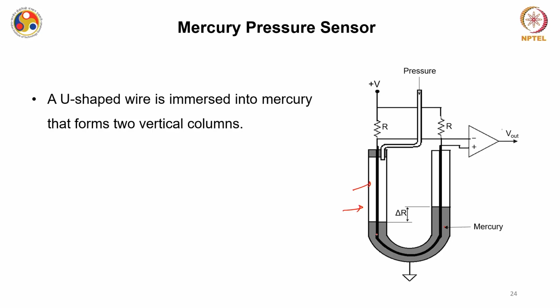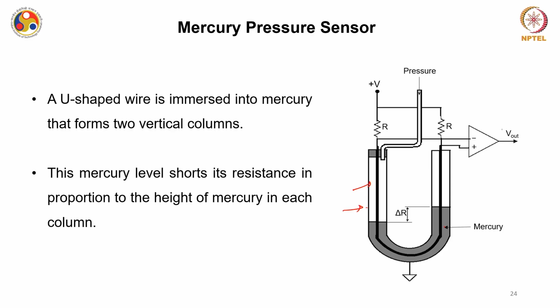So mercury is filled in these two arms of the U-shape. The mercury level shorts its resistance in proportion to the height of mercury in each column. So depending on the height of the mercury column, the resistance will be shorted.